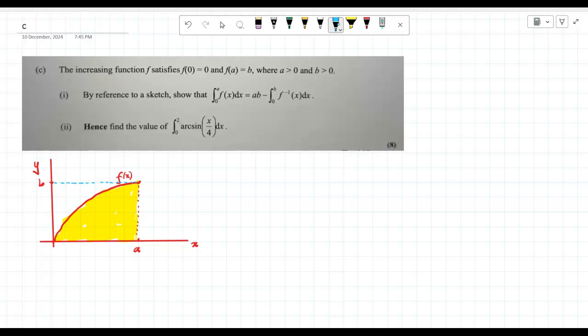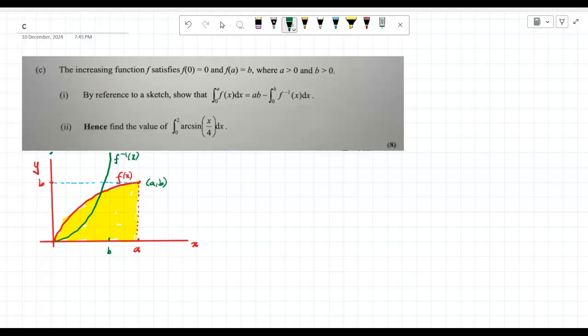To plot the f inverse function, your ab becomes ba. I've taken b as 4 blocks and a as 6 blocks. Okay, and you reflect in the line y is equal to x basically. So this is my f inverse x.